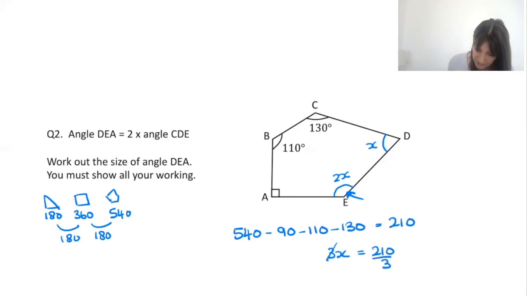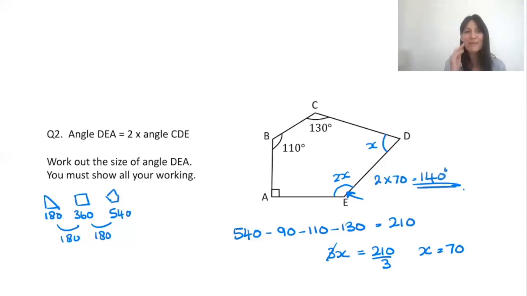Divide through by the 3, and x is equal to 70. Now, as we already know, we're trying to find this one, which is 2 lots of the x. So to finish it off, it's 2 times 70, which is 140 degrees. Okay, so hopefully that went well.